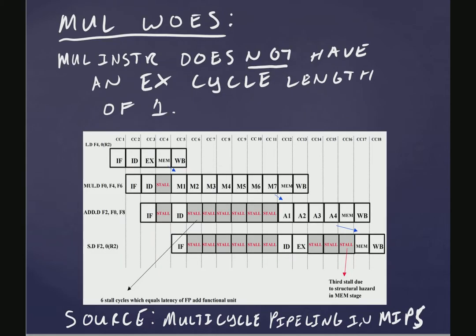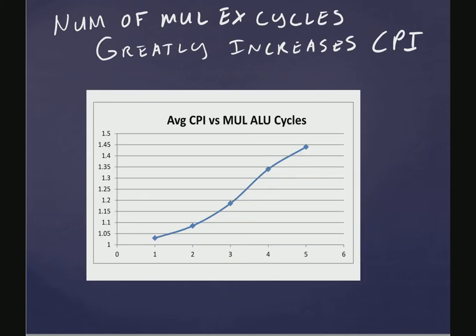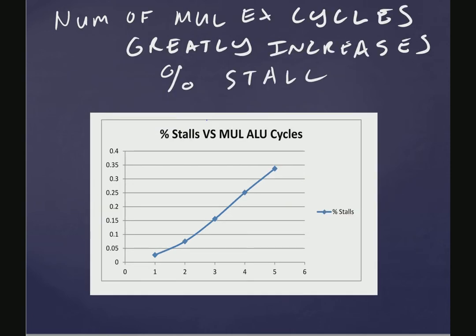But as soon as we started to get deep into it and we started having execution cycle length more than 1 for our multiply instructions, our CPI and our percentage of stalls increased dramatically. In fact, you can see right here, for each extra execution cycle spent on multiply, our CPI went up quite dramatically, as well as the percentage of stalls that we had.